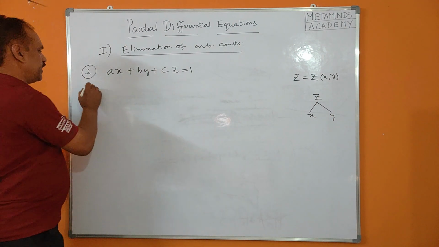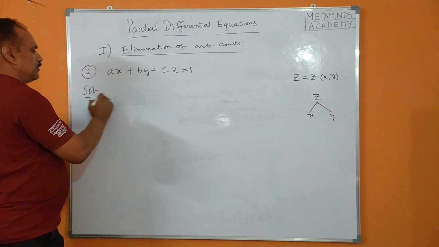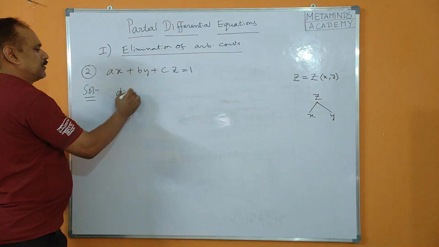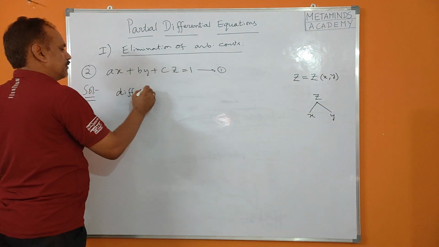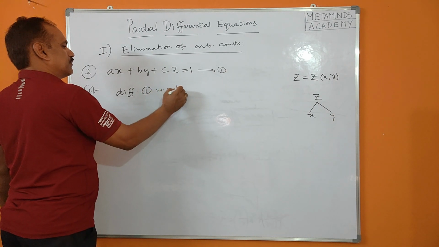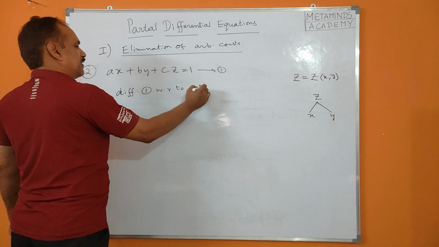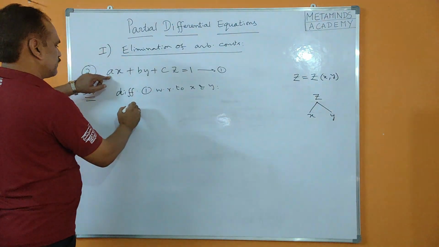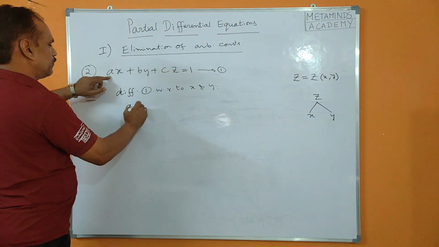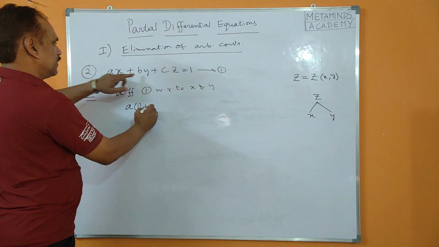So now you differentiate this equation 1 with respect to x and y. First of all, you differentiate with respect to x, you will get a into derivative of x is 1. There is no x in this.